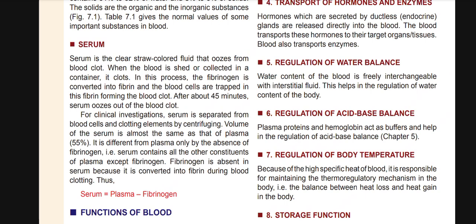After the blood clotting, fibrinogen is used up because fibrinogen is converted into fibrin, which helps in clotting. Then a yellowish or straw-colored fluid generally oozes from that blood clot. This is called the serum. So if we remove the fibrinogen from the plasma, it is serum. The content is almost the same, only fibrinogen is absent.